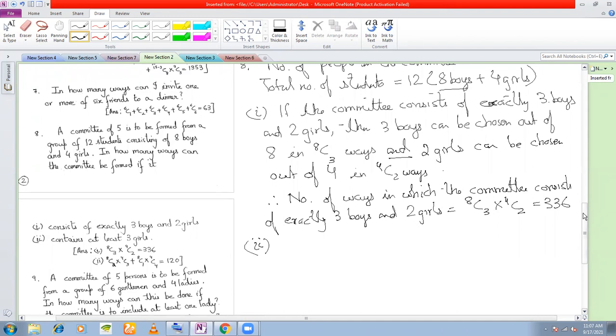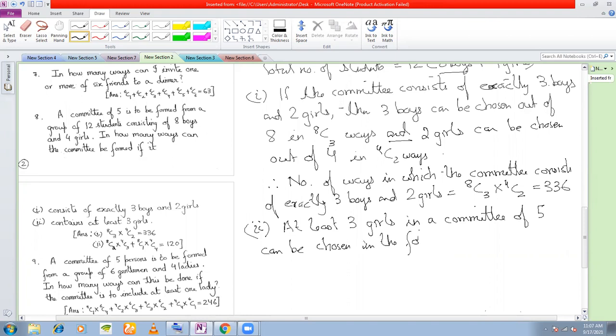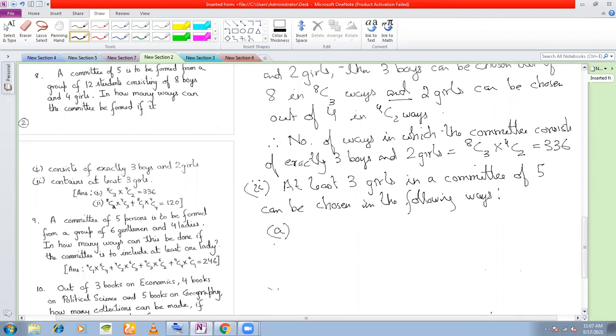Contains at least 3 girls. So in how many ways can you select at least 3 girls in the committee of 5? At least 3 girls in a committee of 5 can be chosen in the following ways. What are the ways? 8 boys and 4 girls are there, right?